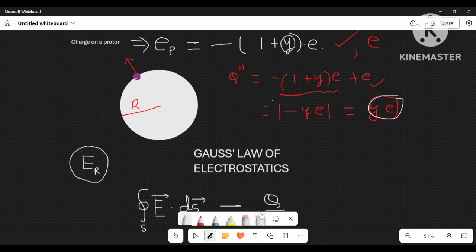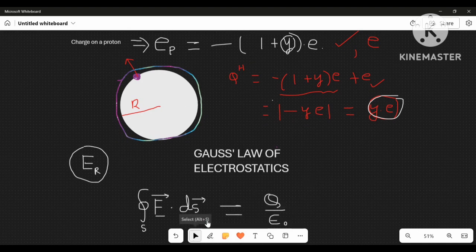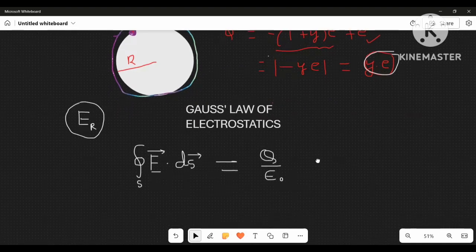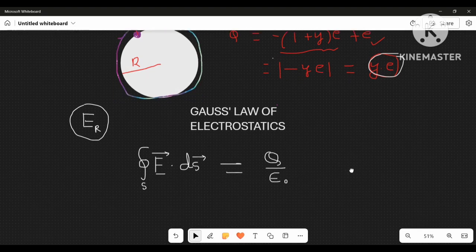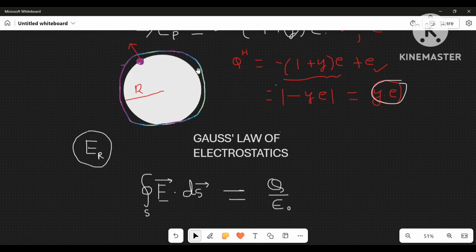The Gaussian surface is something like this: a sphere enclosing the sphere of the universe. And you see the q appearing here, this q is the net charge enclosed by this Gaussian surface. So first let us find out what is the net charge enclosed by this Gaussian surface.